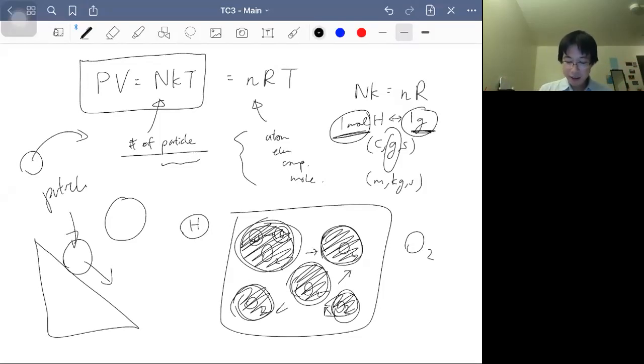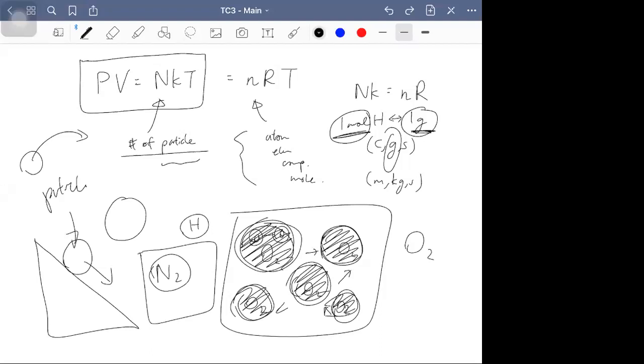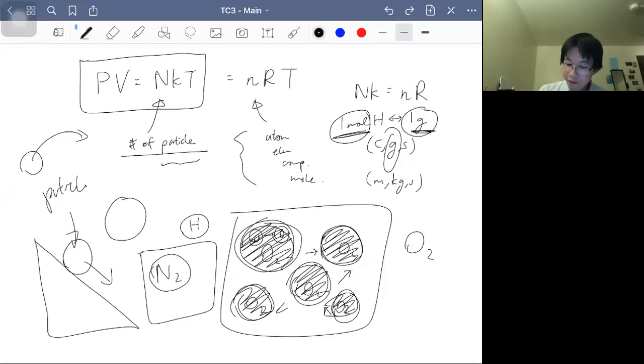So if you have a room of N2 nitrogen gas, as long as the nitrogen doesn't fall apart, N counts the number of particles. Okay, that makes more sense. Thank you. Okay, good. And to clarify, 1 mole is equal to an Avogadro's number of particles, right?